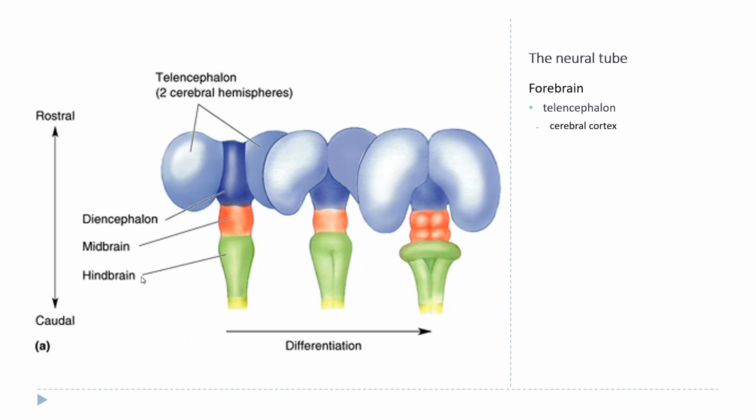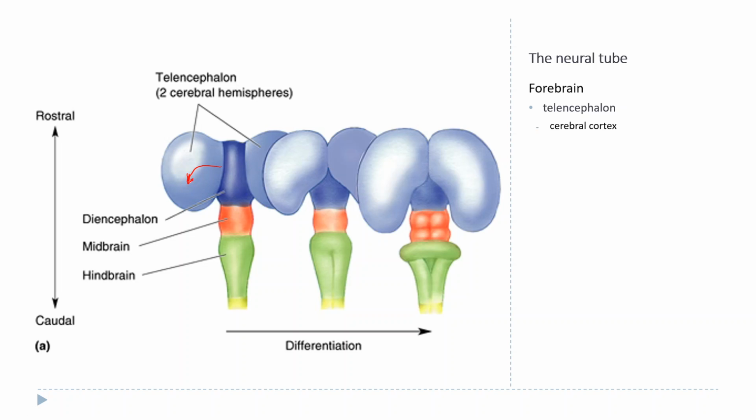The forebrain is the largest and most complicated part of this neural tube. So it actually first divides into two parts. At first, what happens is the sides of the forebrain start to swell outward and sort of back like so.